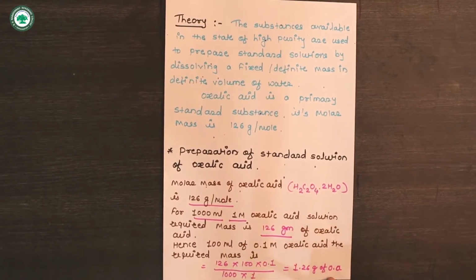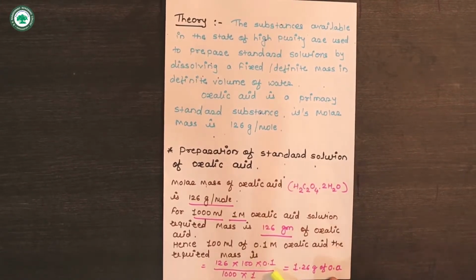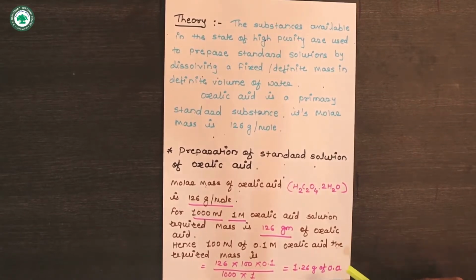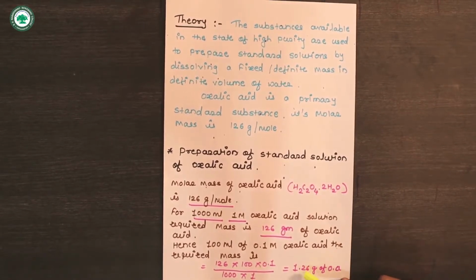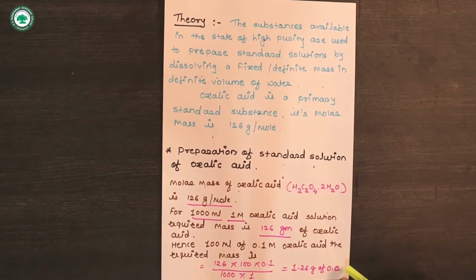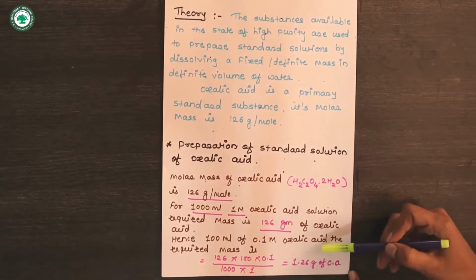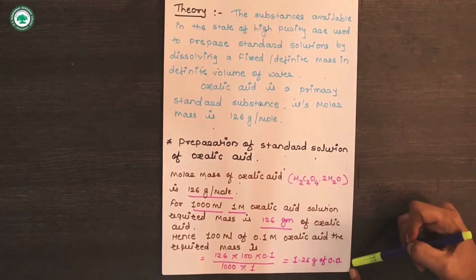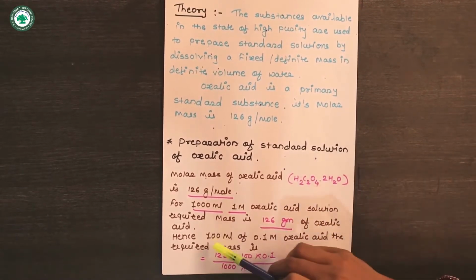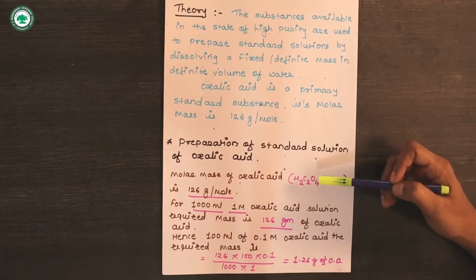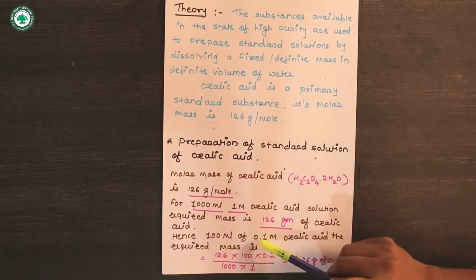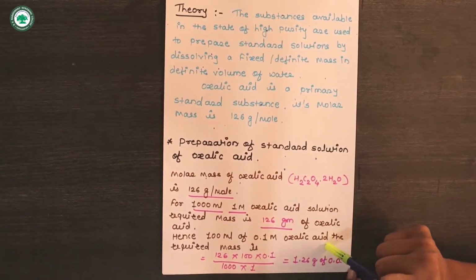Then calculating with this formula, we find its value is 1.26 gram of oxalic acid. Means we take 1.26 gram of oxalic acid in 100 ml of distilled water, and that solution is the 0.1 molar oxalic acid solution.